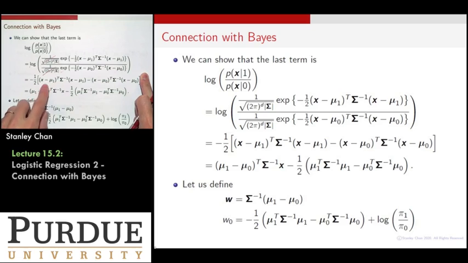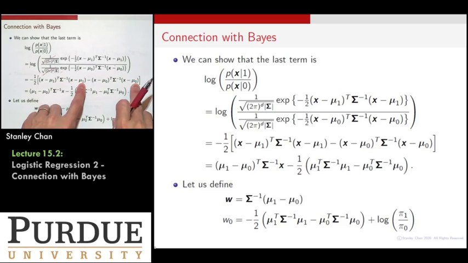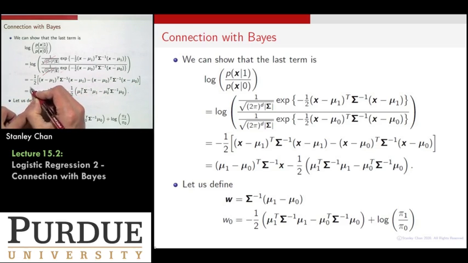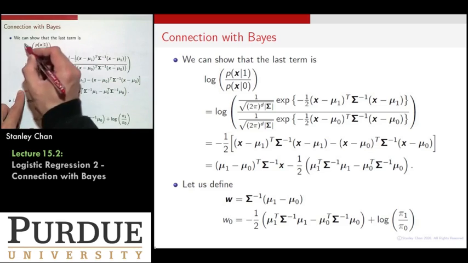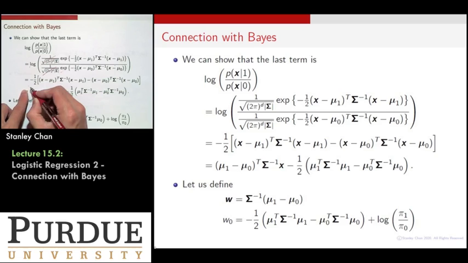Now, what's remaining is the linear term that involves your x, and also the constant term that involves mu1 and mu0. So when you group the terms together, you can show that this log of the ratio of the likelihood will give you a linear term that contains mu1 minus mu0 transpose sigma inverse.